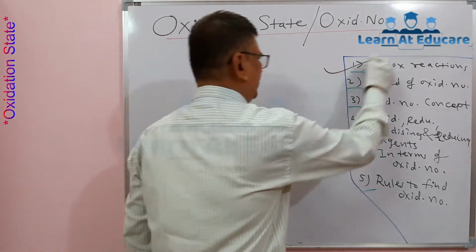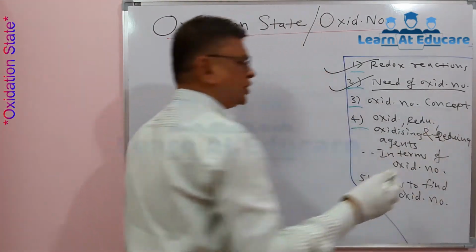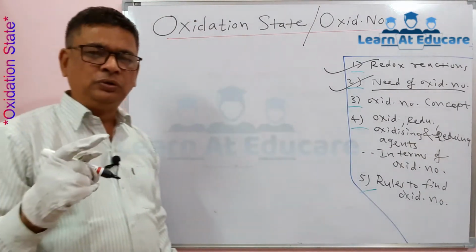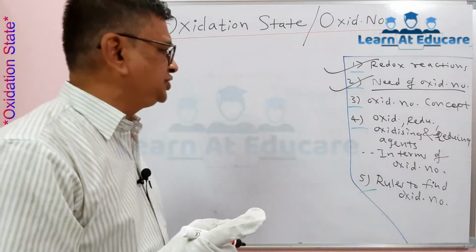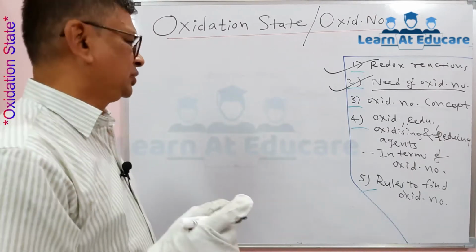So after knowing redox reactions, the need for oxidation number is to know the oxidizing agent and reducing agent. That is the oxidation number concept.